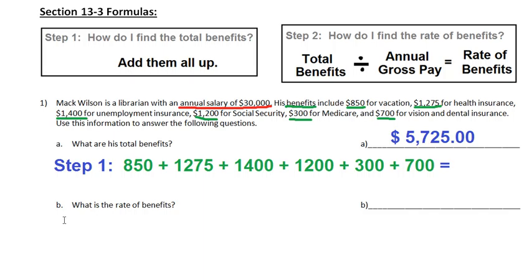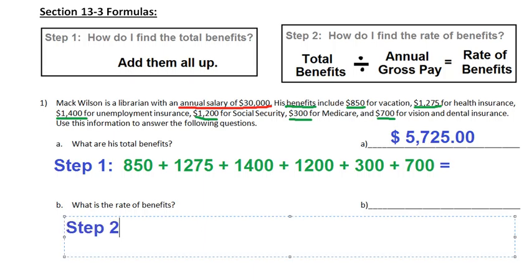Moving on, we're going to go to step 2. Here we are going to do a little bit of dividing. And what we are going to divide is that 5,725 number that we just received from step 1. And then we're going to divide that by the annual gross pay. And if you remember from up above, the annual gross pay is that $30,000 number.